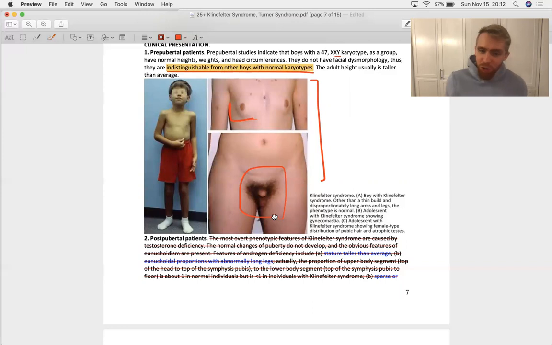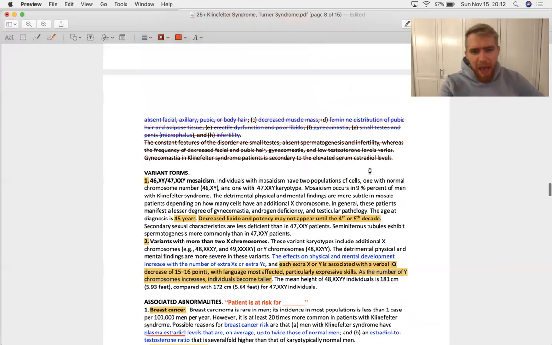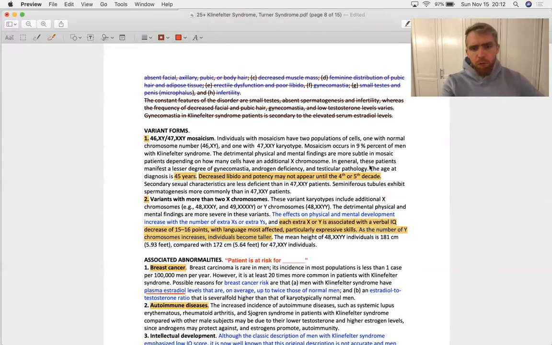If that were the case, there would be a lot more cases of hypogonadism out there. But when we say hypogonadism, we mean that they're not functioning properly. So you have that, and then you also have some fairly feminine hips on men with Klinefelter syndrome. And they're going to be taller than average. They have a characteristic habitus that is not going to be very difficult for you to remember.